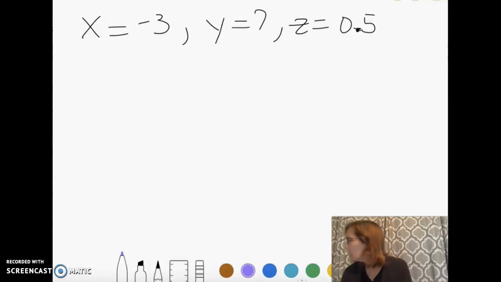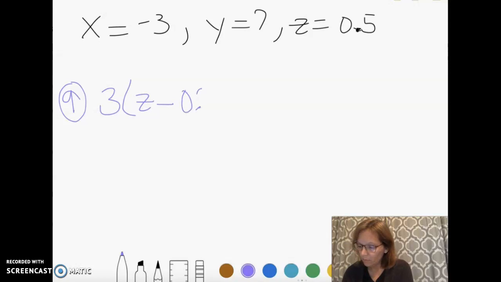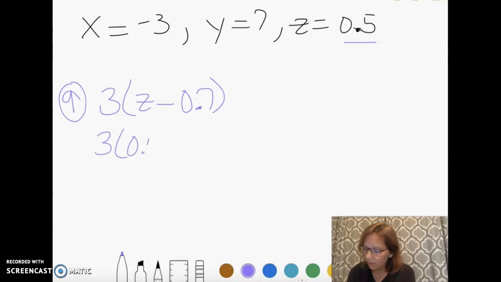So number 9 says 3 times z minus 0.7. So what I'm going to do is plug in 0.5 for z. 0.5 minus 0.7. Okay, remember you can solve this two ways.